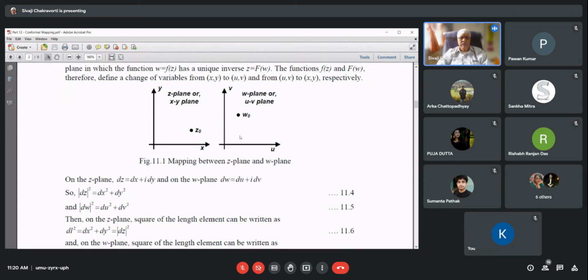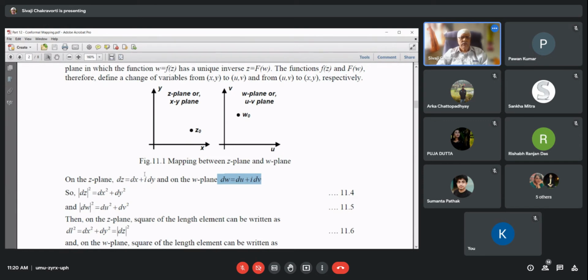Now there is some interesting point here. Look at that z plane, and if I ask what will be dz, an incremental change in z, naturally the answer is it will be dx plus i dy, which you all can understand. And similarly, if I say what will be dw in the w plane, then it will be du plus i dv. So these are well accepted.